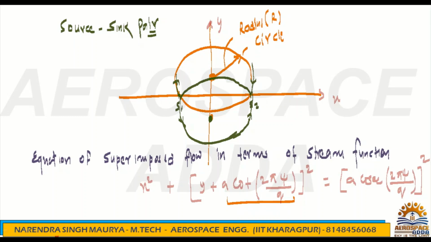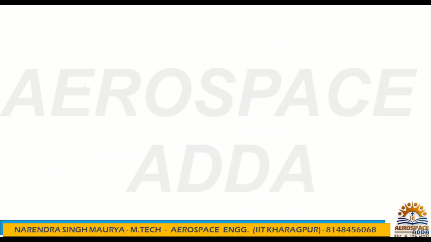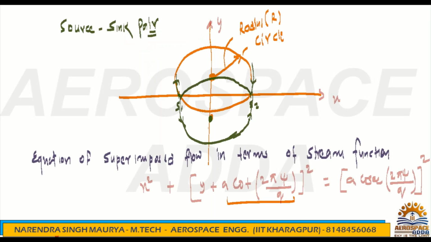Yes or no? So I can say for this particular diagram and for this particular equation, if I am interested to write the center, it will be x comma y. So the x value definitely will be 0, because I told you the center is moving along the y direction only.